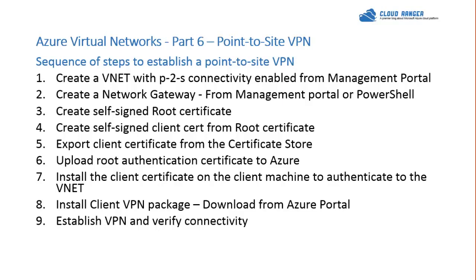We'll create a root certificate and generate a self-signed client certificate from that root certificate. Step 5 is that we'll export the client certificate from the certificate store. This is the certificate that you'll be distributing to the client computers. Each time you have to provide a certificate to one of the client computers, you have to generate one.